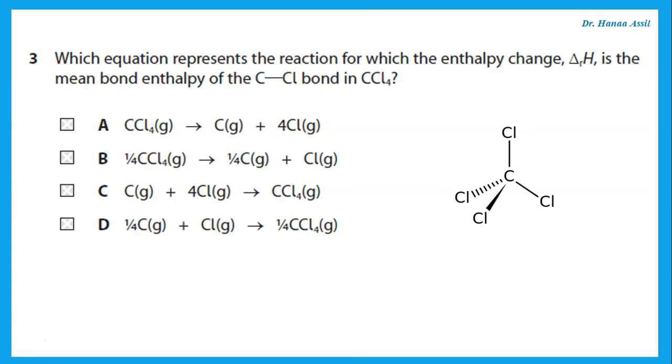If you look at these equations, it should be this one, because this one is breaking 4 C-Cl bonds, but we're going to say the moles divided by 4. So actually we're talking about just one C-Cl bond.